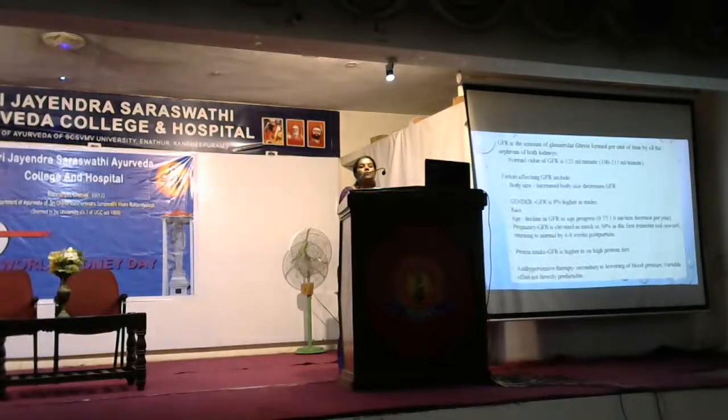And when we are prescribing a glomerular filtration rate test for a patient, we should know the normal value, which is 125 ml per minute. There are certain factors which influence the glomerular filtration rate, such as obesity or the body weight of the patient.